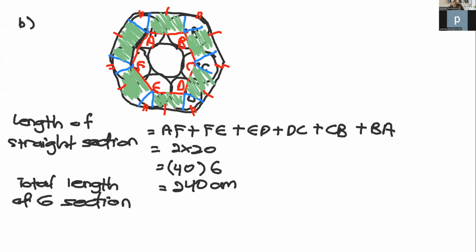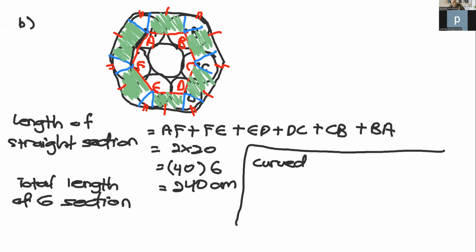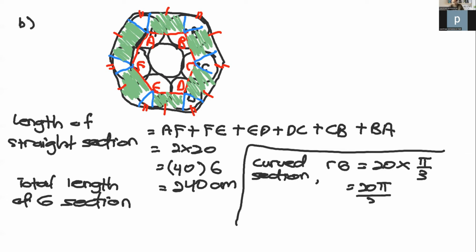So the curved section will be r theta, which is 20 times theta, and we know that theta is pi over 3. We have shown that in part A. So we get 20 pi over 3. This would be the curved section.